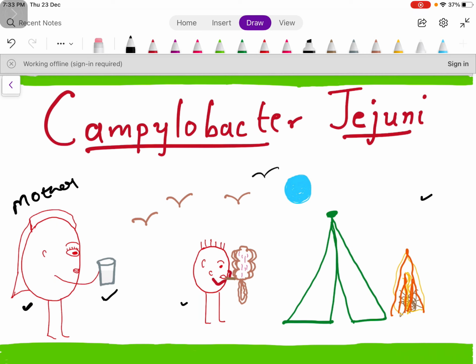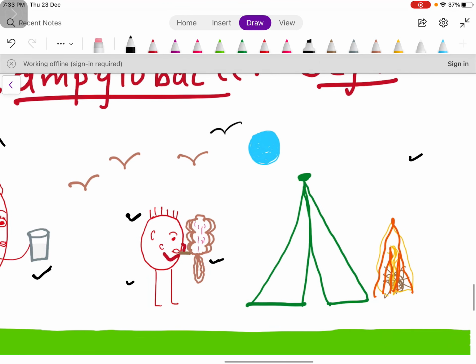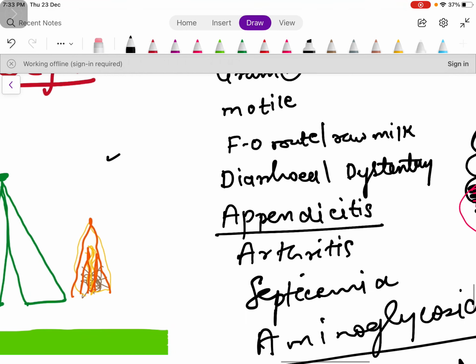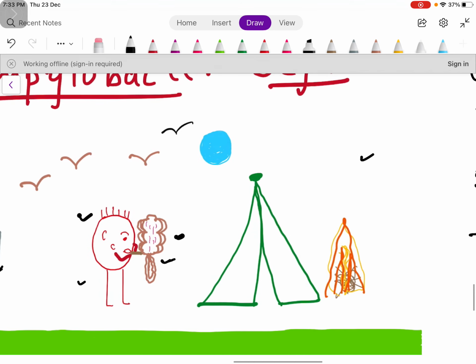She has a glass of milk, and you can see this small bacteria which is probably her child. Instead of drinking this milk, he's eating this cotton candy, and you can see that I have drawn the cotton candy similar to that of a large bowel. Okay, you can see that it similarly looks like this part.